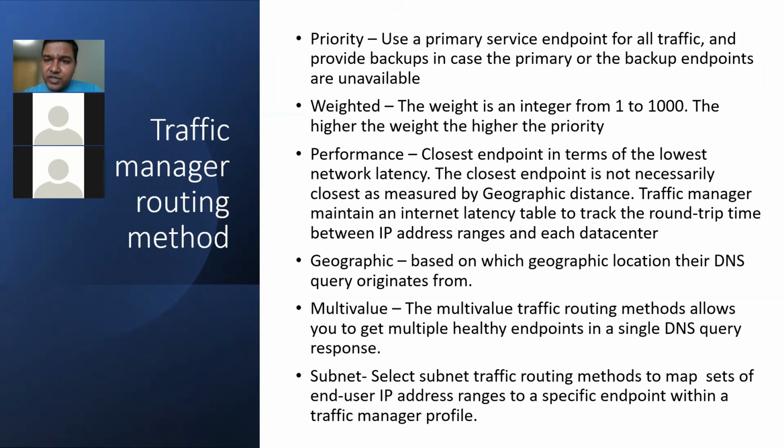There is priority-based routing, where you can tell, okay, this endpoint, this virtual machine, I am giving a priority, or this is a primary or a backup endpoint. If the primary and backup endpoints are not available, then shift this traffic to this particular endpoint. So that is priority based.